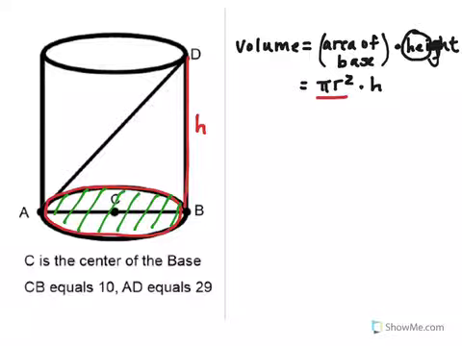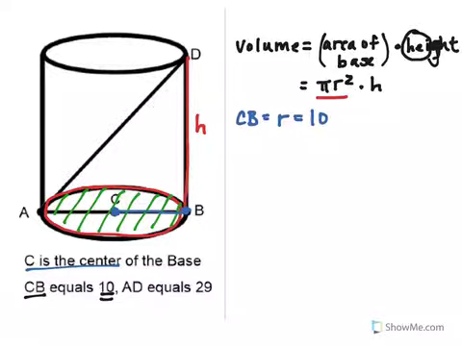It gives us here that the length of the segment CB is equal to 10. That is this piece right here, C to B, which is our radius. If C is the center of the circle, then CB is a radius, which is equal to 10.